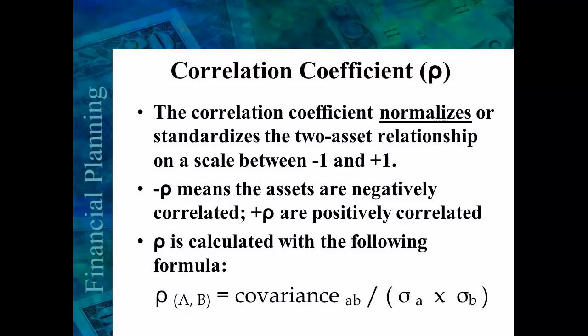A positive correlation coefficient means the assets are positively correlated. You will learn more about this in a moment. The correlation coefficient, or ρ, is calculated with the following formula. The correlation coefficient of AB equals the covariance of AB divided by the product of the standard deviation of A times the standard deviation of B.